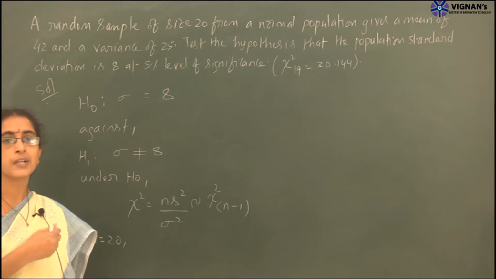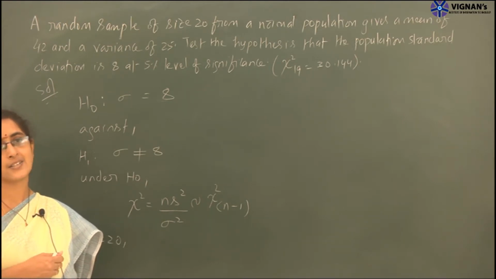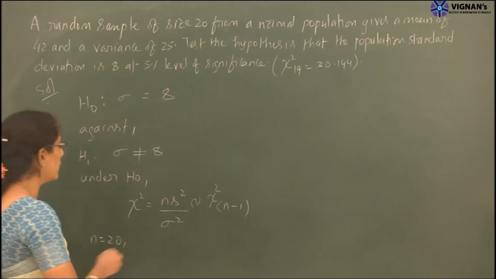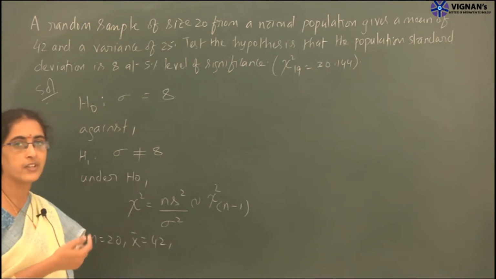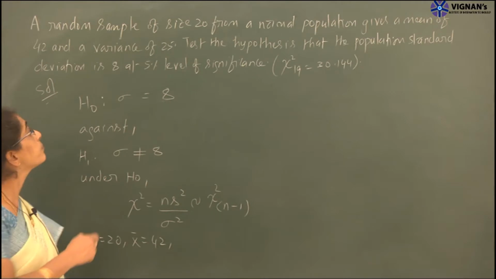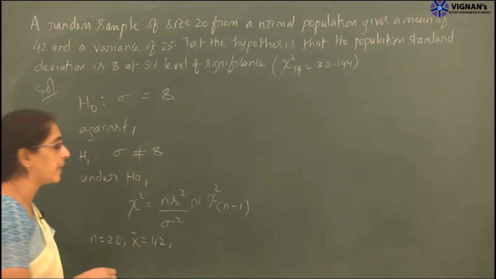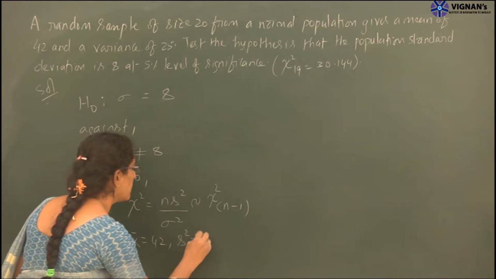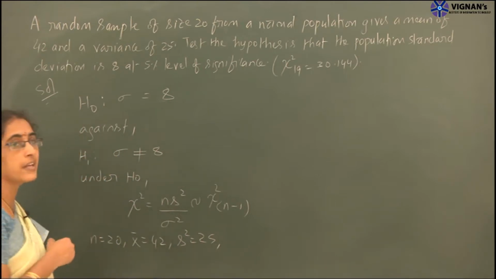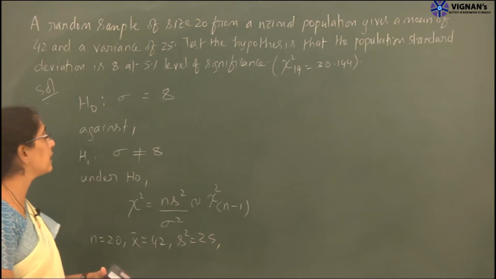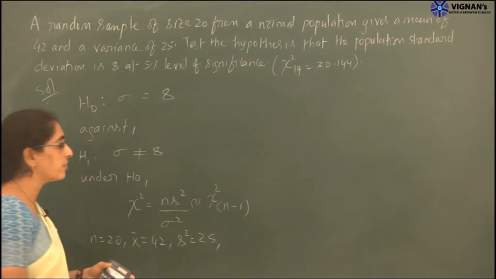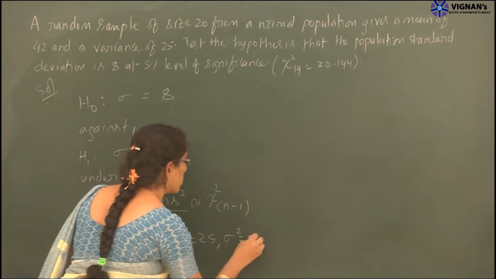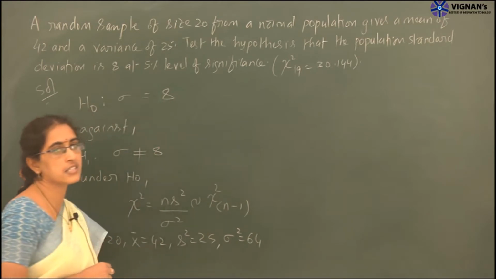But sometimes to confuse you, they will give excess data. So here the sample mean, x bar, is 42, but even though we have to write the given data, and a variance of 25, that means the sample variance is 25. Now sigma square means the population variance. Here they have given the population standard deviation, and the square of this will give you the population variance. So 8 square is 64.